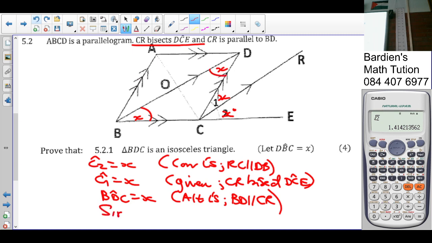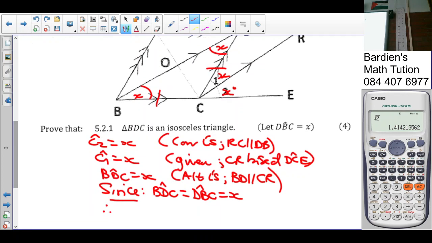So we say, since BDC is equal to DBC, which is this angle, which is equal to x, therefore triangle BDC is an isosceles triangle.